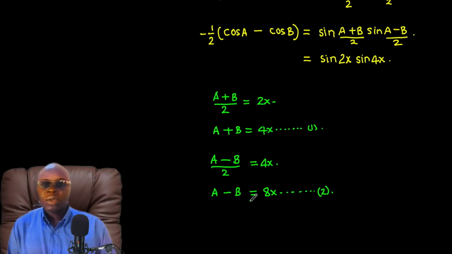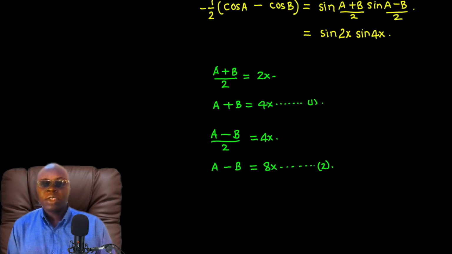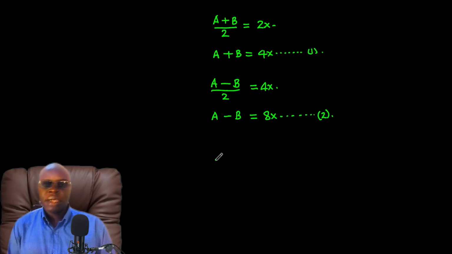Now we have two equations with two unknowns, called simultaneous equations. We can work out the values of A and B using any method we prefer. There are 4 methods of solving simultaneous equations, but for now I'm going to settle for elimination. How do you eliminate? We bring the equations together: A plus B equals 4x, our equation number 1, and A minus B equals 8x, equation number 2.